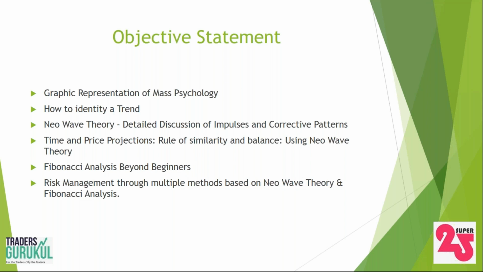Basically, the rule of similarity and balance is the defining edge of Neo wave theory. Neo wave theory puts so much objectivity into the picture that it is in itself a self-defining and self-confirming space. It takes us to a level where the post-pattern behavior of the market automatically justifies or tests whether my analysis is right or wrong.